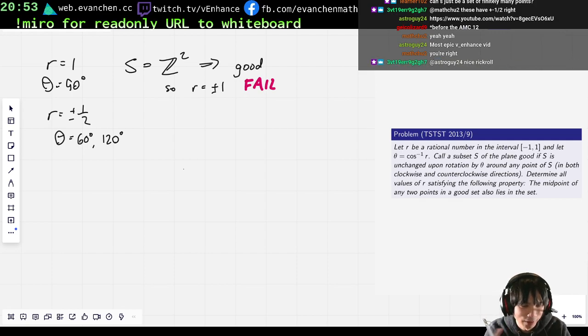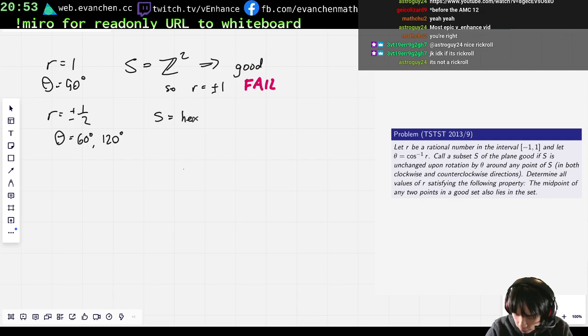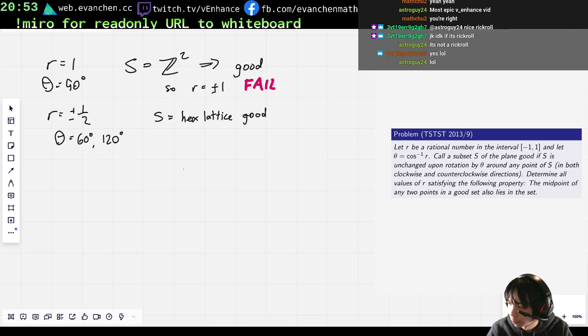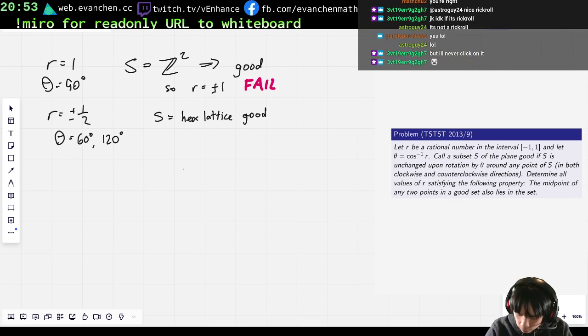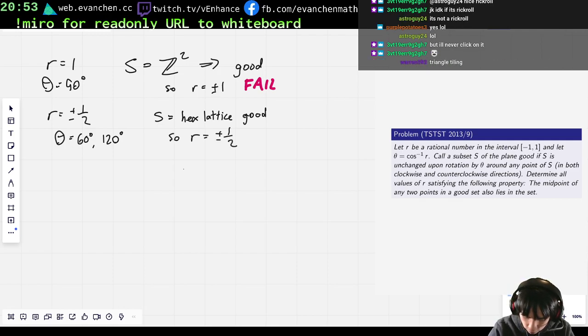Wait, is cosine 60 is 1/2, right? Then you can take S equals hexagonal lattice. And it is not true that the midpoint of any 2 points in S is also in S. So r equals plus minus 1/2 should both fail.